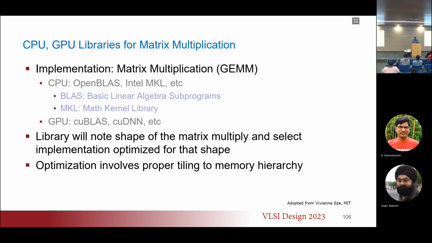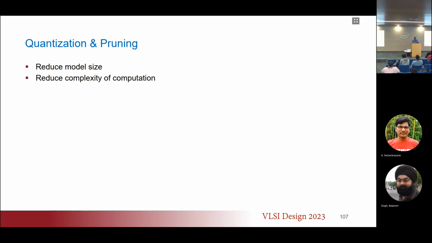For a similar reason, NVIDIA provides their own libraries called CUDA BLAS and CUDA DNN, et cetera. The library will note the shape of the matrix multiply, select the implementation, do the data alignment, and all of that. So it's not just the hardware accelerator, but all the pieces need to be there.